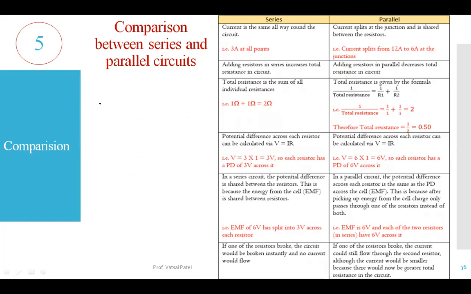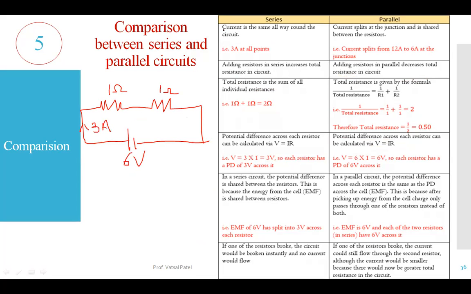Just a second, I will draw again. 1 ohm resistance, 1 ohm resistance. This is a 6 volt source. So how much current is flowing? Can we say it is 3 ampere now? And as we said over here, in the series circuit, the current will be the same at all points.